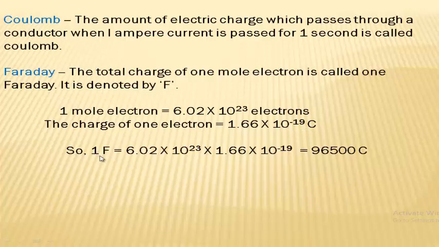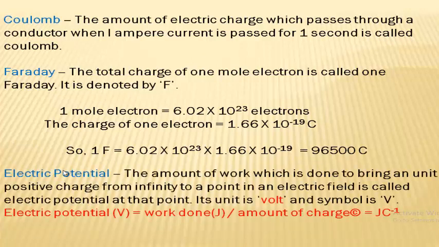So the amount of 1 Faraday will be Avogadro's number into the charge of 1 electron, total 96,500 coulomb. So 1 Faraday equals 96500 coulomb. You have to remember this value. What is the value of 1 Faraday in coulomb?